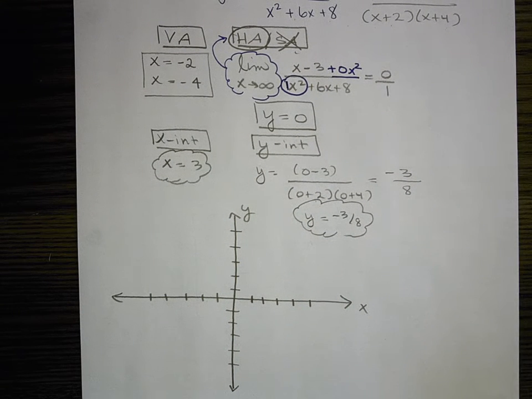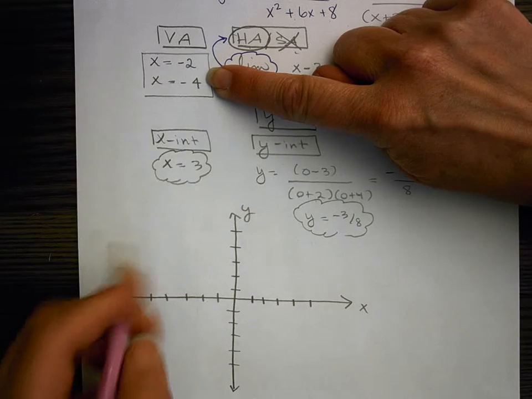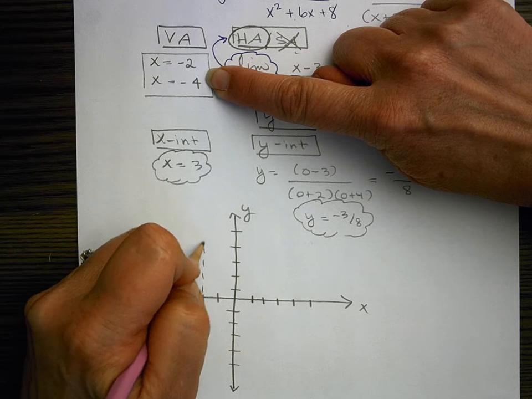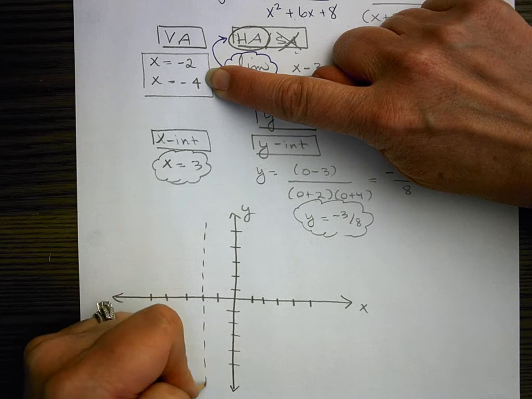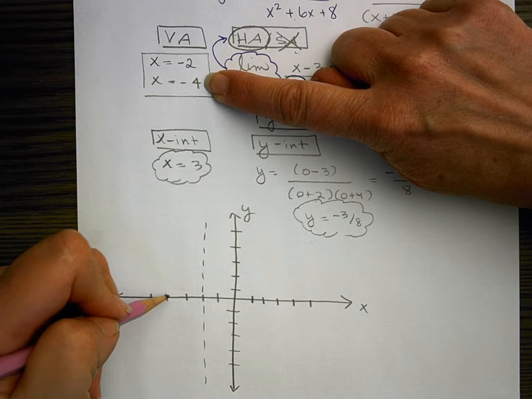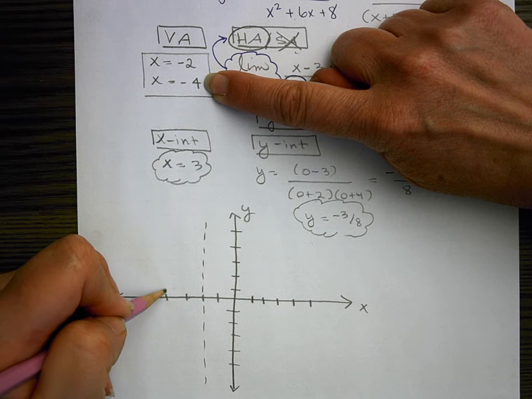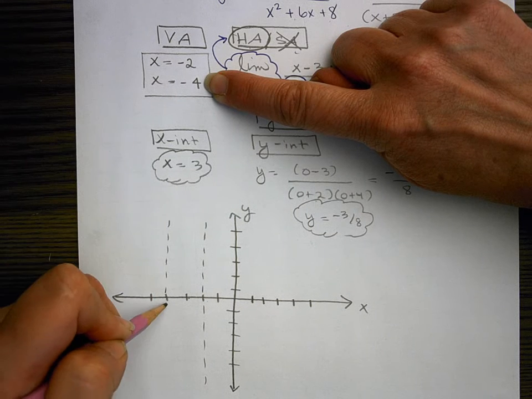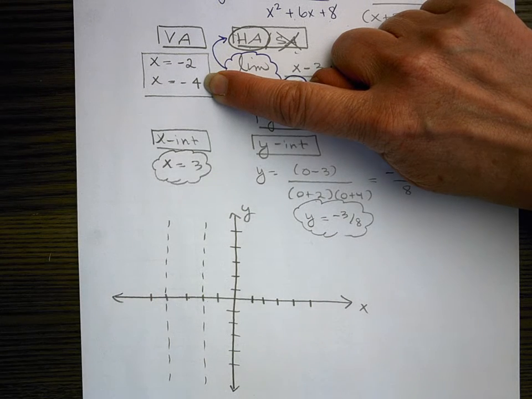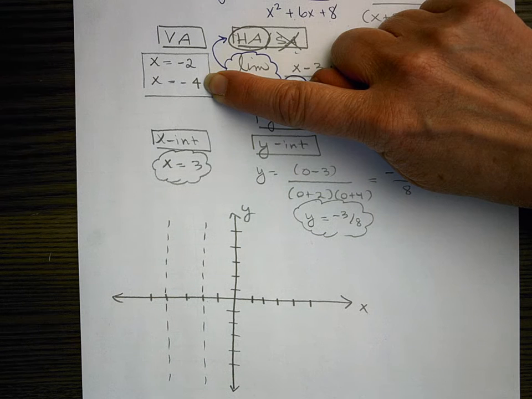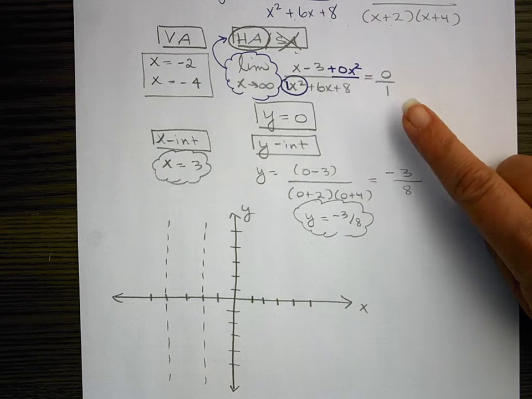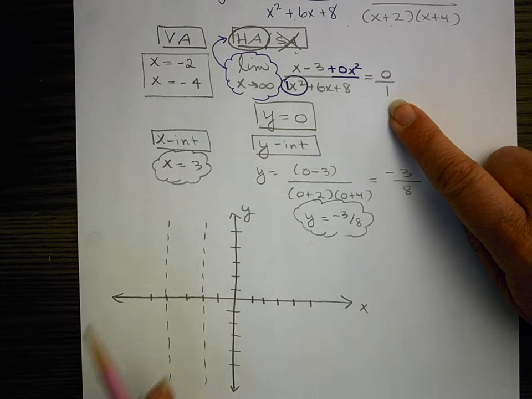So we have vertical asymptotes at -2 and -4. So I'm going to go to where x is -2, and then also where x is -4. And then I have a horizontal asymptote at y equals 0, so y equals 0.